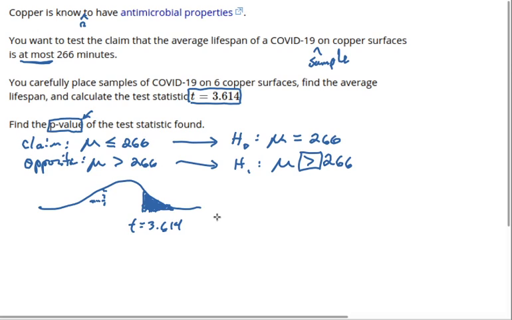t-distribution table first. Some things we're going to have to keep in mind is our degrees of freedom, which is n minus 1, and that is 6, our 6 copper surfaces, our sample size, minus 1, so our degrees of freedom is 5. Our test statistic is 3.614, and it's a one-tail test.